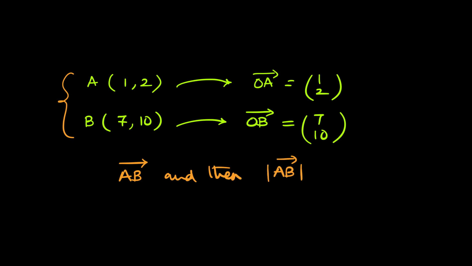Now let's first draw a diagram. Let me label these points. So we have the y-axis and then we have the x-axis, and then we can start labeling the origin and points 1, 2, 3, 4, 5, 6, 7 and 8 along the x-axis, and similarly along the y-axis we have 1, 2, 3, 4, 5, 6, 7, 8, 9 and 10.